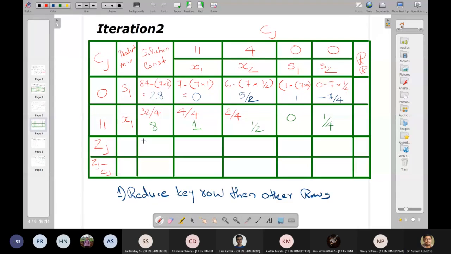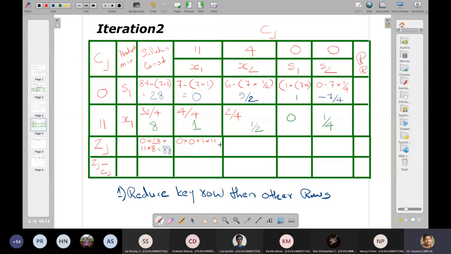It will be 0 into 28 plus 0 into 28 plus 11 into 8. How much? 88. Same way, next one, it will be 0 into 0 plus 1 into 11.